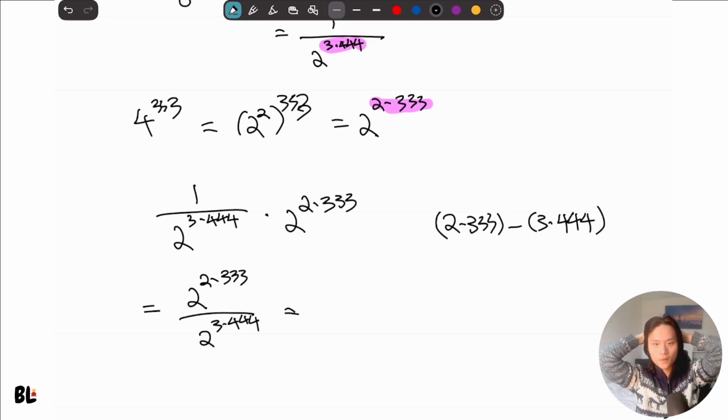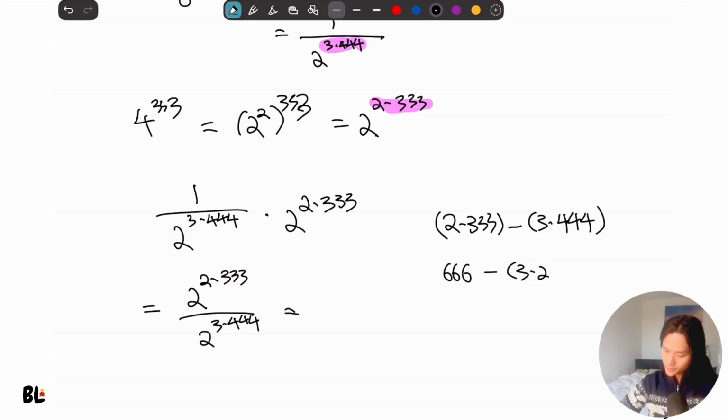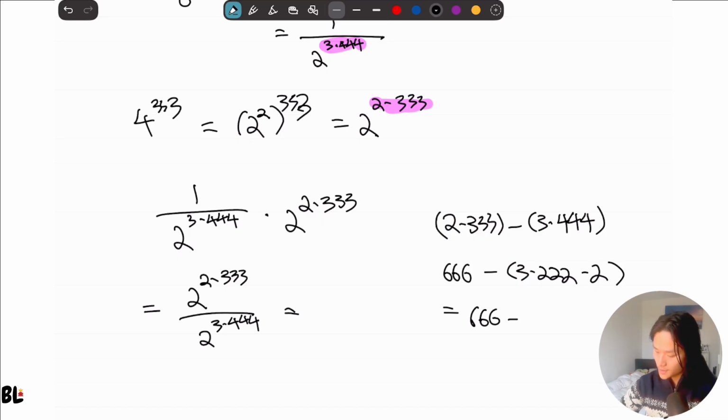So what we can do now is to see that, wow, 2 times 333 is just 666, and then 444 times 3 is basically just 3 times 2 times 222, which is 666 times 2. So that's just 666 minus 666 times 2.